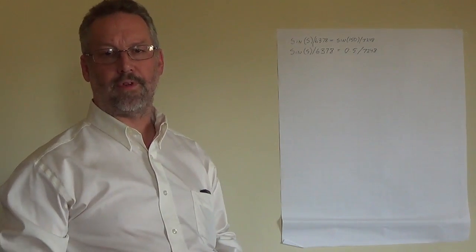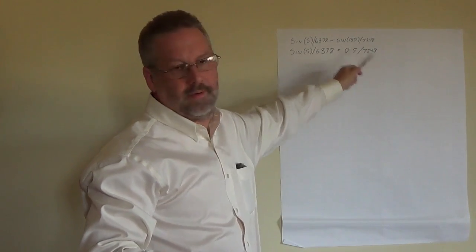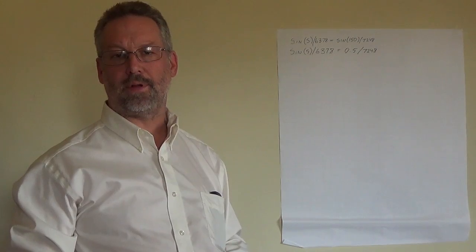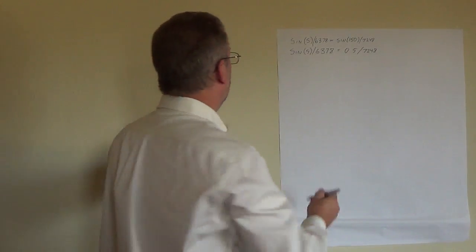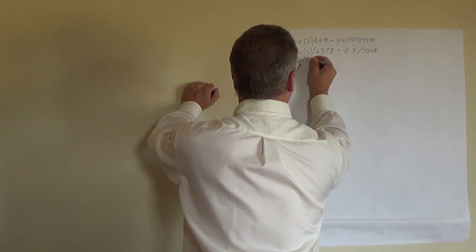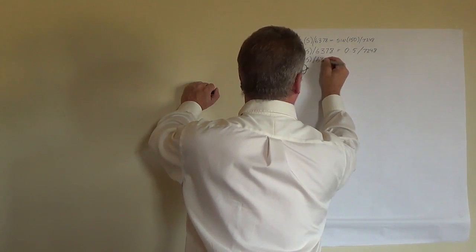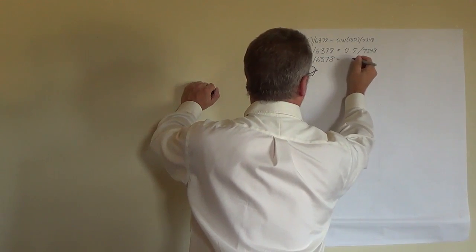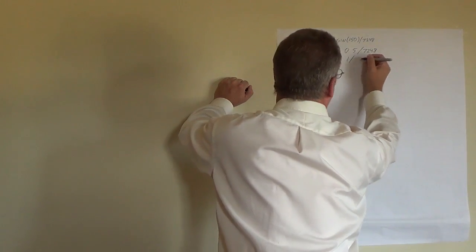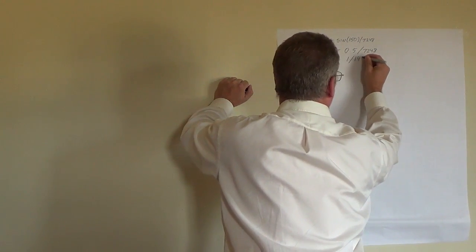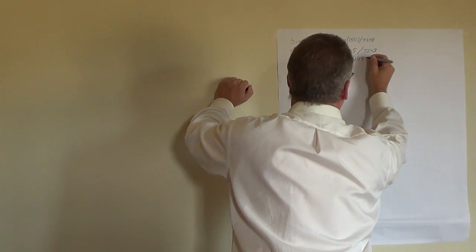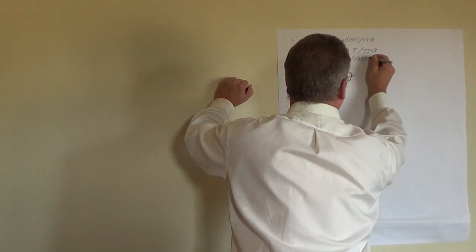So let's take it one step further. Let's reduce this into something we can read, and we can do that simply by doubling both terms. So the sine of S over 6,378 equals 1 over 14,496.